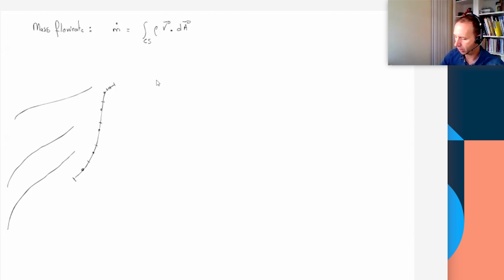I stopped the line here because I want to draw vectors after that. But essentially, it goes through the surface. I'm just going to assume it goes in something like that, completely arbitrary. It would mean that the fluid goes in like this, then it's deflected like that. Perhaps we put another one.